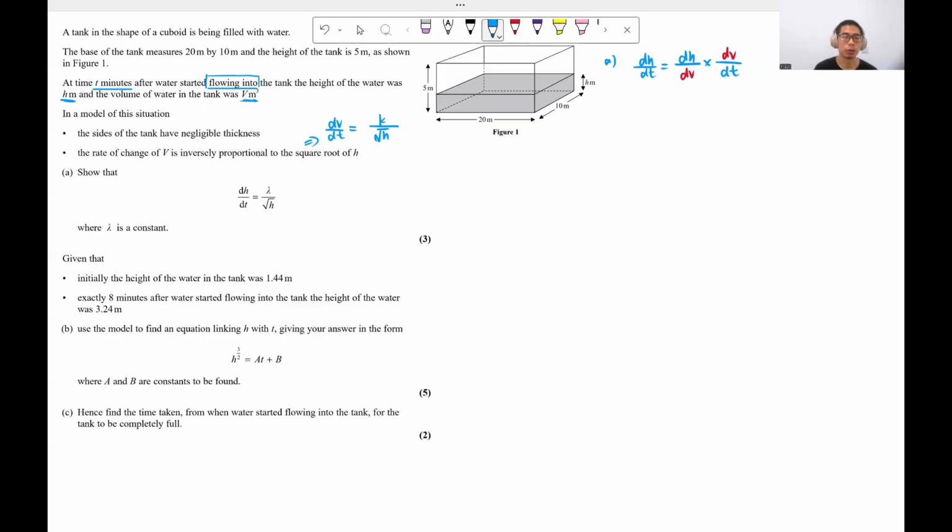V is the volume of the water, and h is the height of the water.